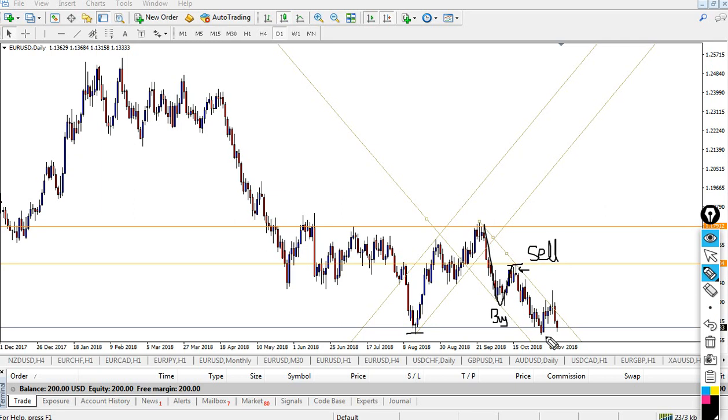It's all game with the channels and with the support and resistance. You cannot take one thing, you have to take a mix of this channel knowledge, and you also mix your support and resistance in it, so you will find a better trade.